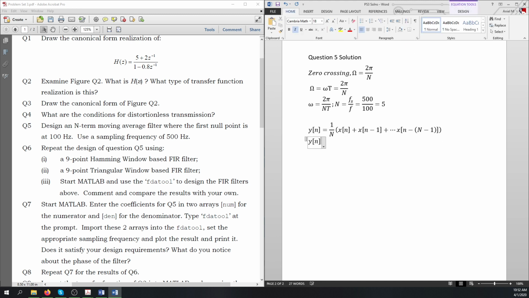So in this case, y of n here will be equal to 1 divided by 5, which is going to be 0.2, into x of n plus x of n minus 1 plus x of n minus 2 plus x of n minus 3 plus x of n minus 4.